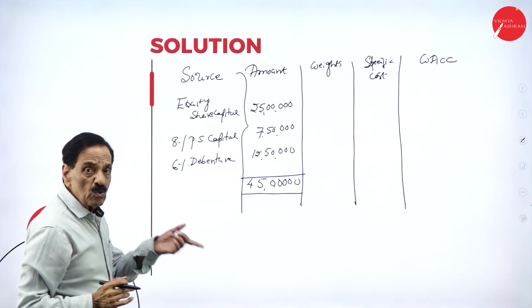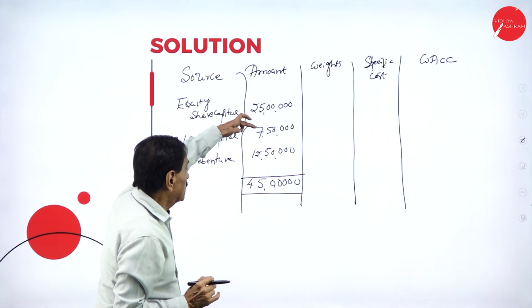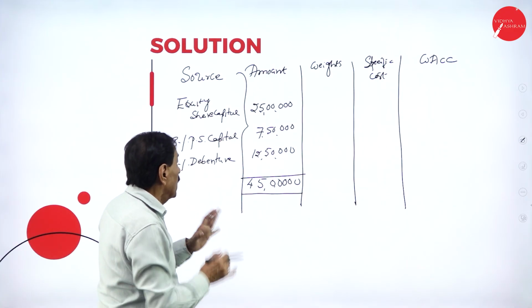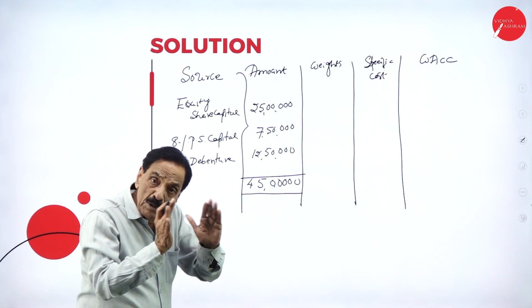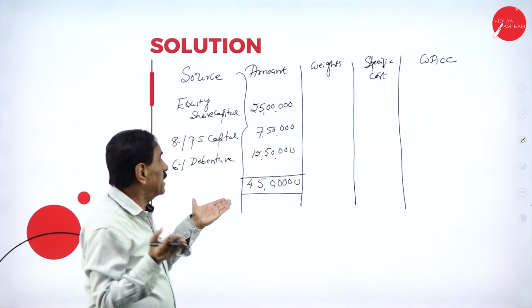Then how to find out the weights? 25 lakh divided by 45 lakh, 7 lakh 50,000 divided by 45 lakh, 12 lakh 50,000 divided by 45 lakh. How much does equity share occupy, how much does preference share occupy, how much does debenture occupy?